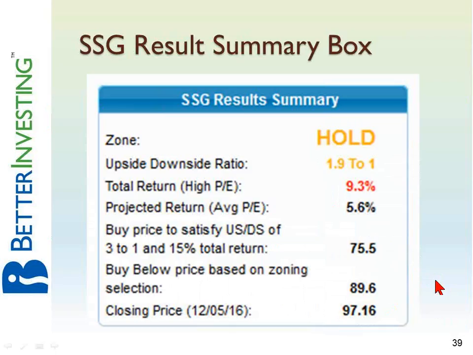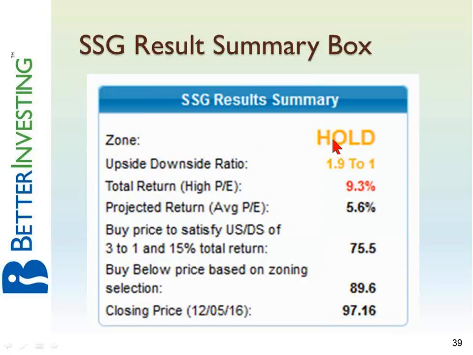Alrighty, perfect. One of the newer things that we added on the SSG Plus is an SSG results summary box. So this is a quick at-a-glance wrap-up of your completed stock selection guide. It is on the valuation page near the bottom.